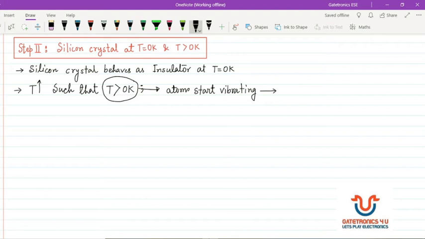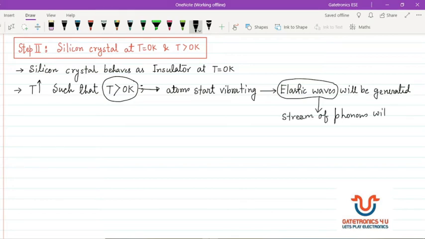Due to this atomic displacement, we know that from wave particle duality, elastic waves will be generated. And according to the wave particle duality, elastic waves are nothing but phonons, or a stream of phonons will be generated inside the silicon.